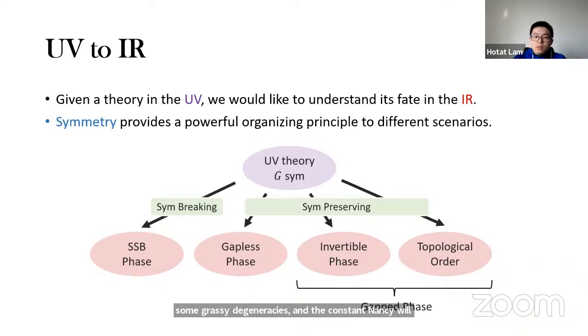Let me summarize. In general, there are four possibilities that can happen in the infrared. One is a symmetry breaking phase, the second is a symmetry-preserving gapless phase, the third is a symmetry-preserving invertible phase, and the fourth is a symmetry-preserving topological order. So there are all these possibilities.